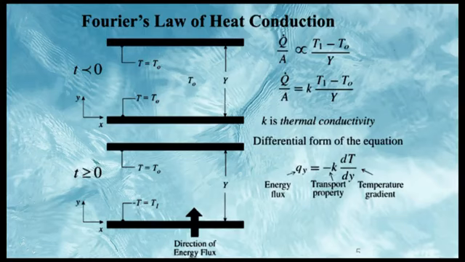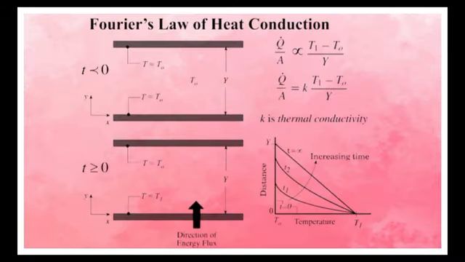The second diagram introduces us to temperature changes over time. The graph shows temperature versus distance at different time intervals, starting from t equal to 0 to t equal to infinity. At t equal to 0, only the bottom surface is heated, so the temperature starts rising there, while the rest remains at T0. As time progresses, t1, t2, and so on, the temperature profile begins to smooth out.